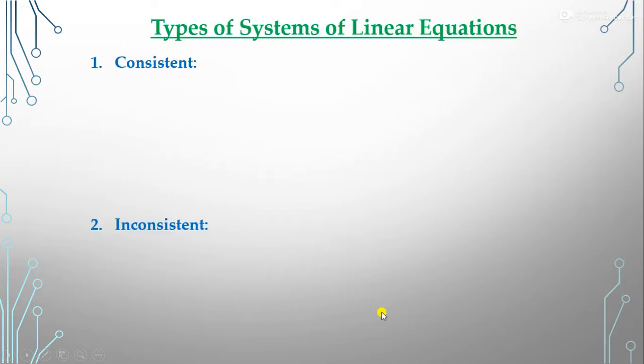Now, the types of systems of linear equations. There are two types: consistent and inconsistent. In which case is the system consistent, and in which case is it inconsistent?